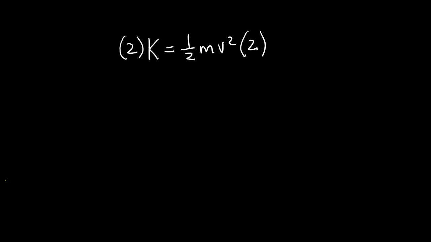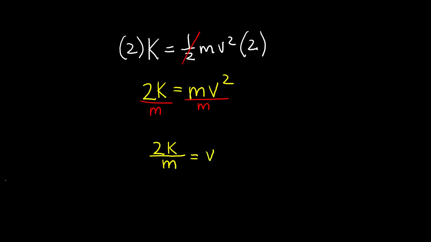Multiplying both sides by 2 gets rid of the half, providing the next step, which is 2K equals mv squared. The next step is dividing both sides by m. By dividing both sides by m, the next iteration is 2K divided by m equals v squared.